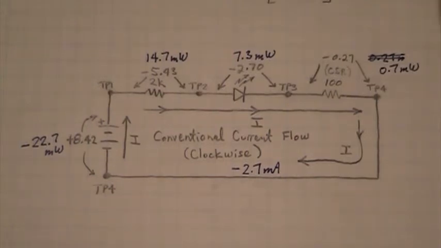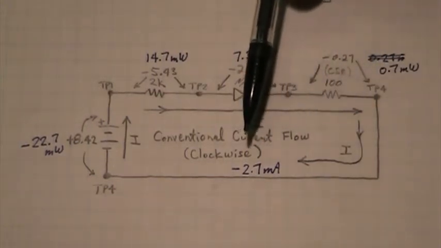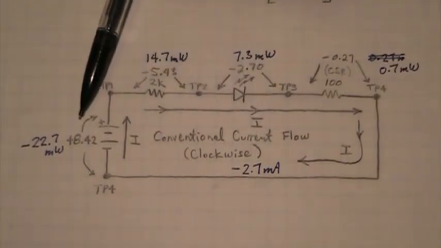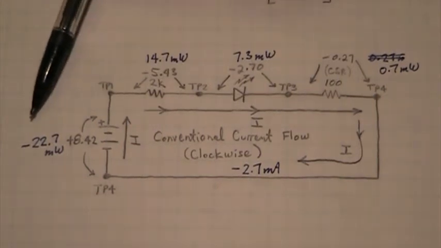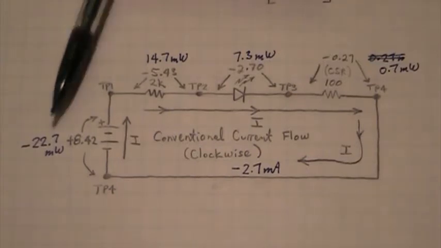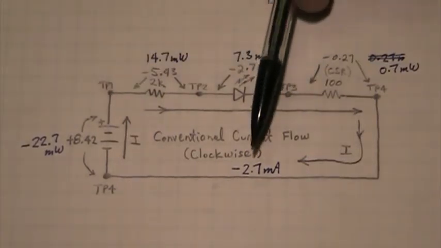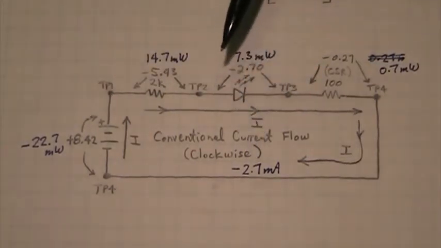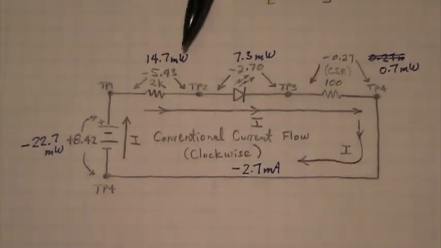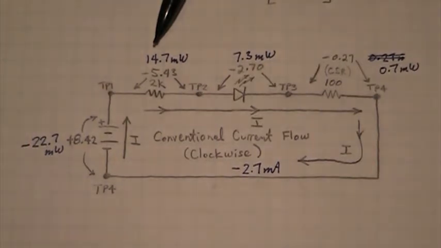So if we take that negative 2.7 milliamps and multiply it by our positive 8.42 volts, we end up with a negative 22.7 milliwatts. The negative 2.7 milliamps times our negative 5.343 volts gives us a positive 14.7 milliwatts.